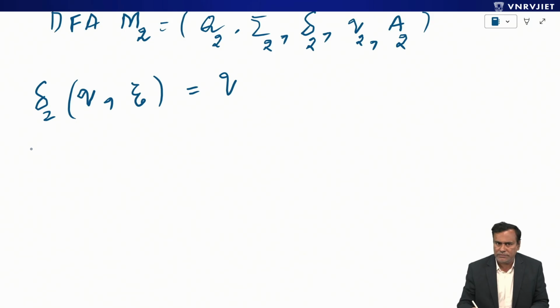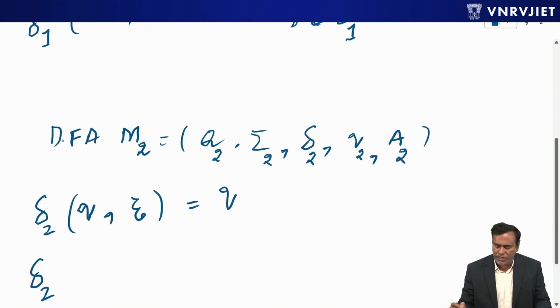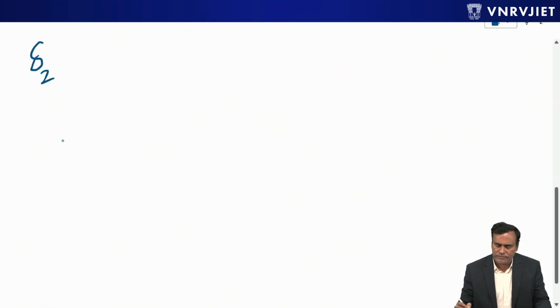In a similar fashion, now we are going to look at the transition function for one input symbol and more than one input symbol. So here also I can use star.